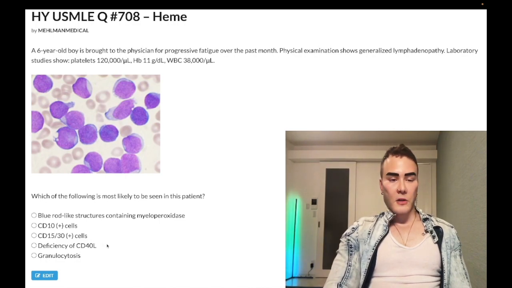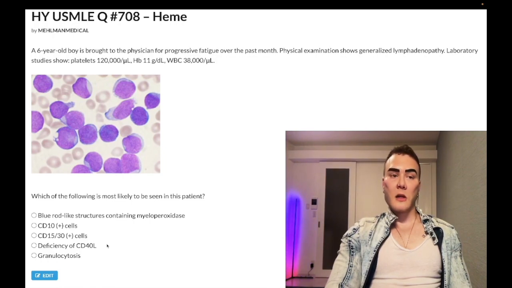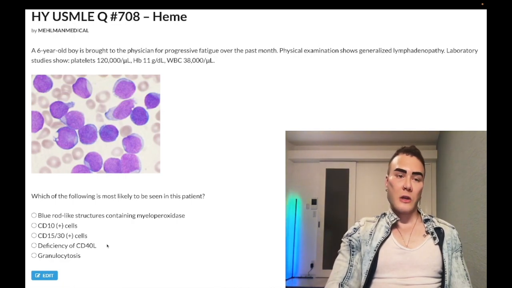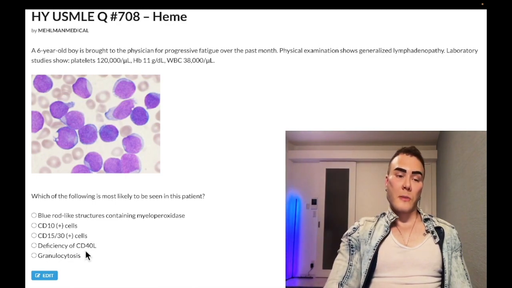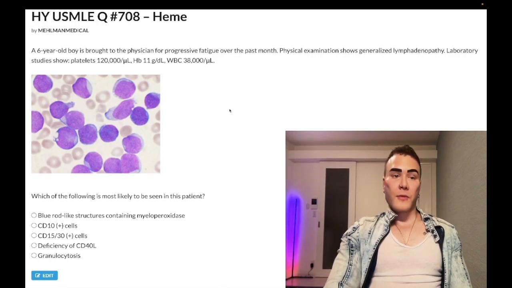Choice D, deficiency of CD40 ligand, wrong answer, refers to hyper IgM syndrome. So we've got CD40 ligand on Th2, CD4 positive T cells, which will bind to CD40 receptor on B cells, induce isotype class switching, which means enabling the change from IgM to IgG, IgE, IgD, IgA, etc. So what they'll do on USMLE, if they want hyper IgM syndrome, is just give you a big vignette.